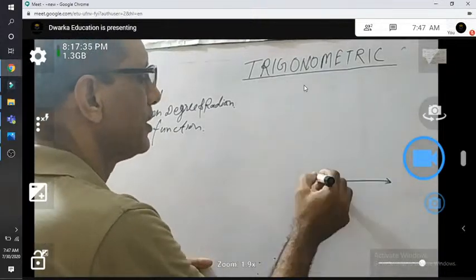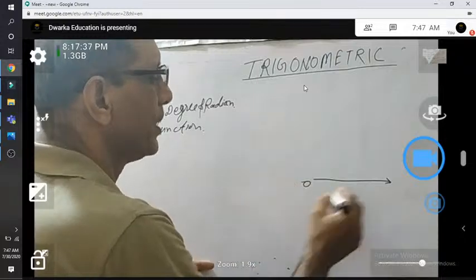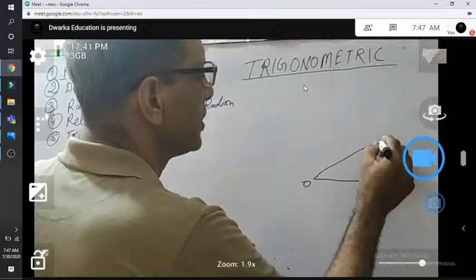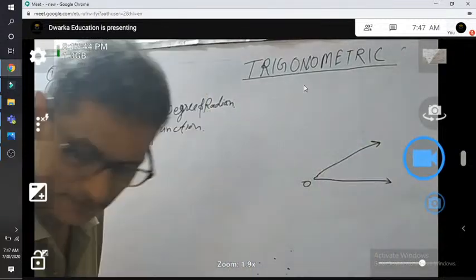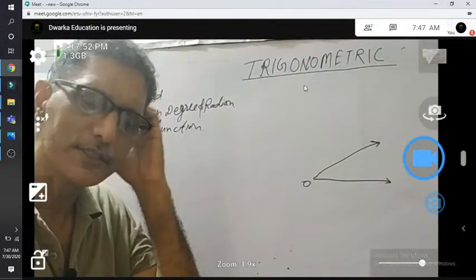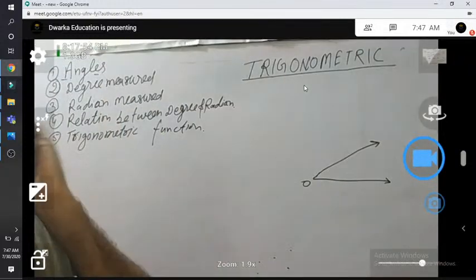Such that this is the origin, and after rotating, its position became this. This is called the final position of the ray, and this is called the terminal position of the angle.